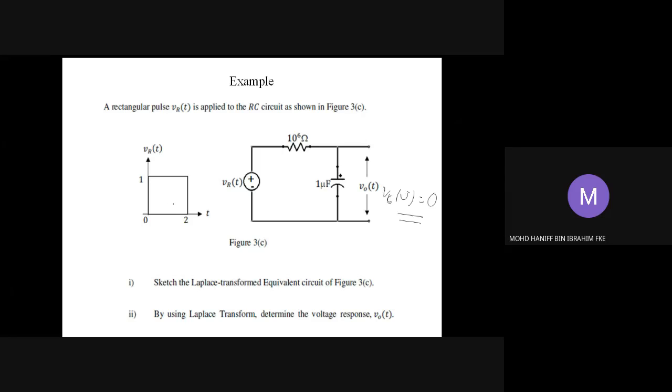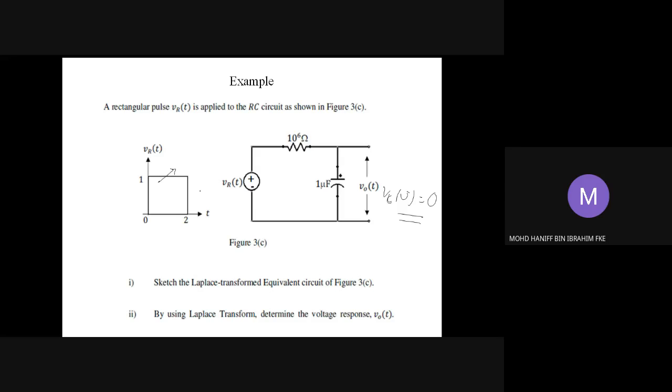So we know that for this particular circuit, v_R(t) is a pulse from 0 to 2 with the amplitude of 1. We need to write this in a form that can be transformed by Laplace transformation.